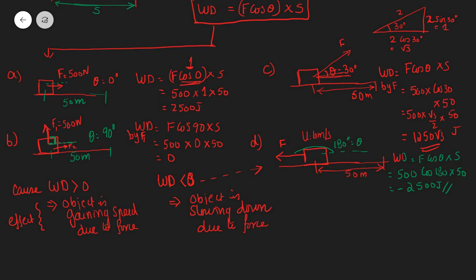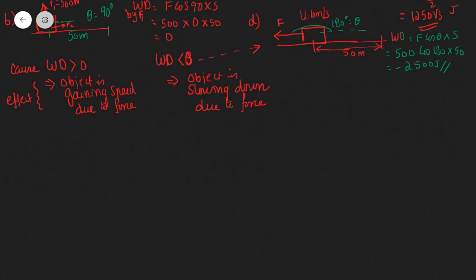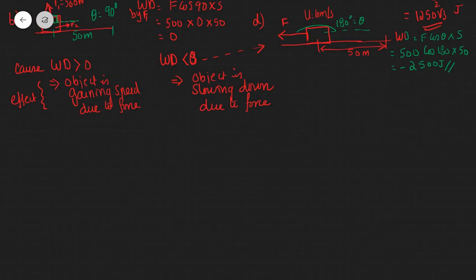Now, there are a lot of interesting questions that get asked based on these concepts, and some of the questions have overloaded meaning, but let's talk about them. The first type of question you get is, hey, here you have a coolie, and this coolie is lifting a heavy block, and due to this block, of course, gravity is acting downward.